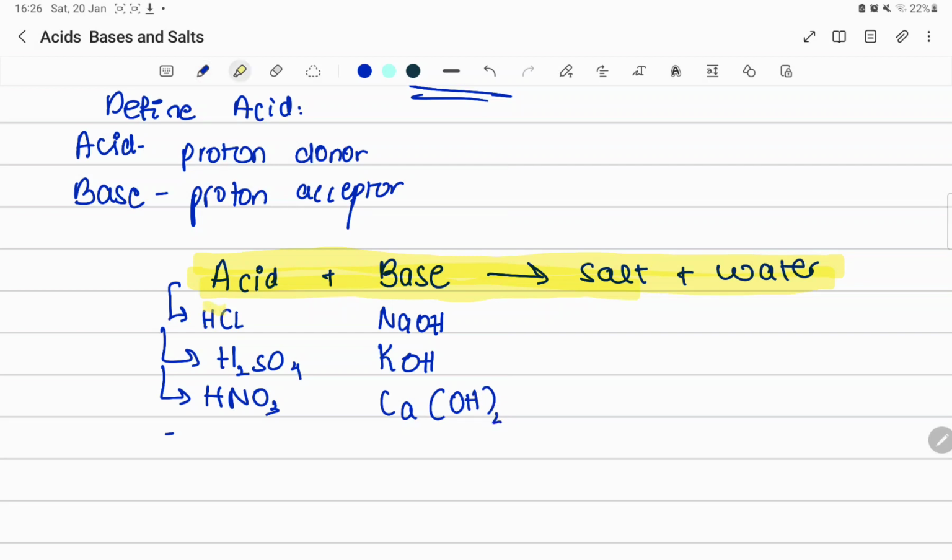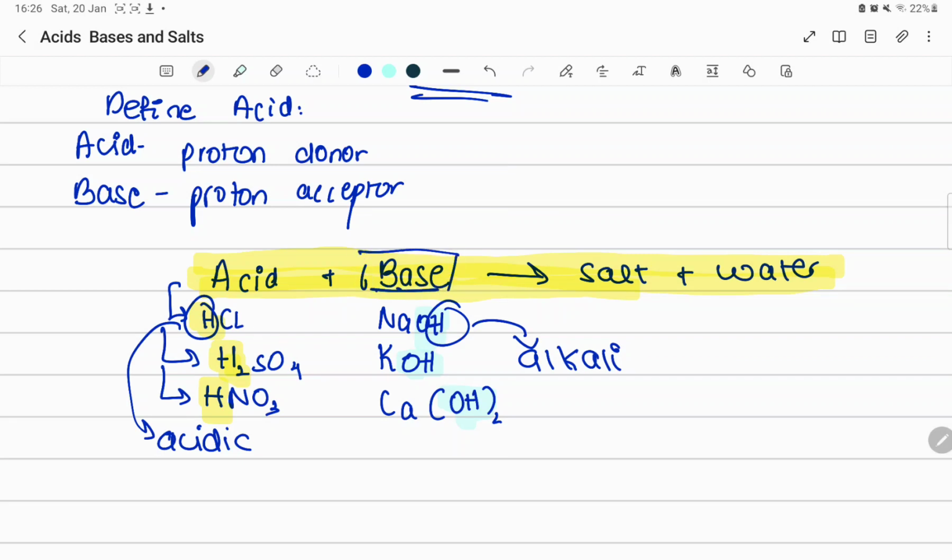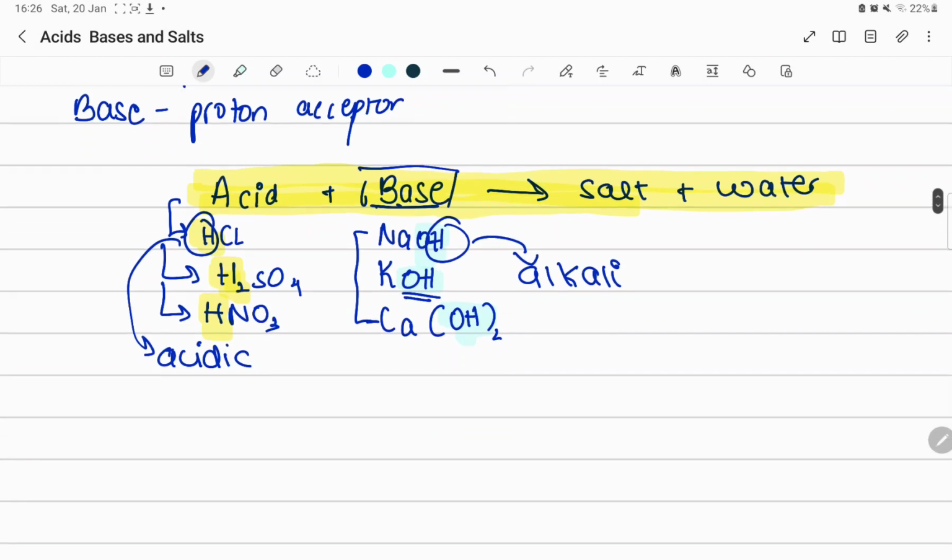You can see over here that you got H, you got H, you got H. This is your acid. Then you got your hydroxide. This ion is what gives it its acidic ability, and this ion is what makes it alkali. Now, as you can see, a base having its hydroxide ion, these are alkali metals.